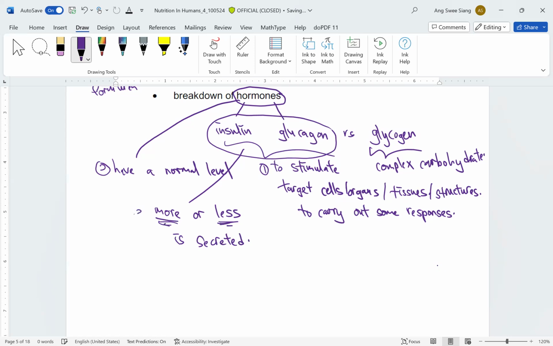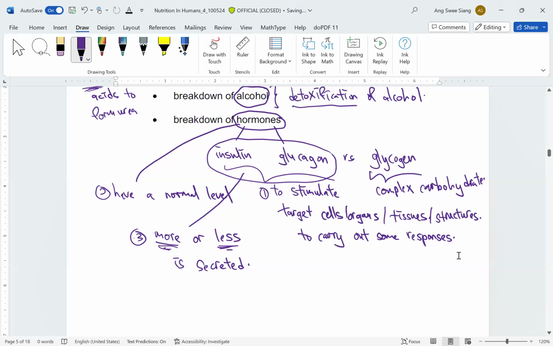So you must state very clearly whether there is more insulin or less insulin, or more glucagon or less glucagon being secreted. Whenever you describe the function of a hormone or how the levels of a hormone affect a process happening in the body, you need to take note of these three things.